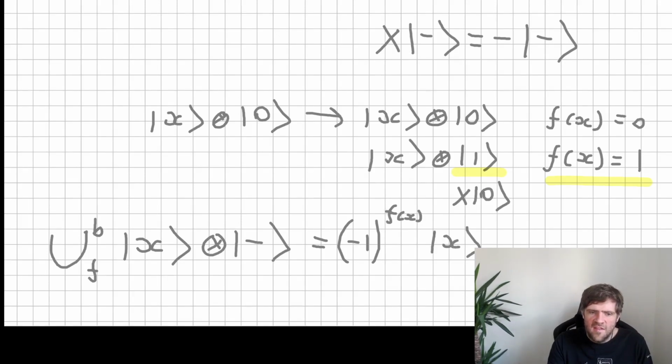And this minus remains unaffected, which means that if the x part was in superposition over here, it would also be in superposition over there and would be unentangled to the minus.